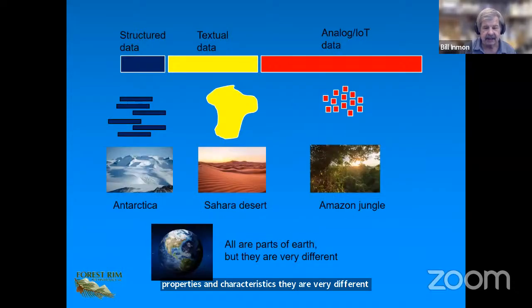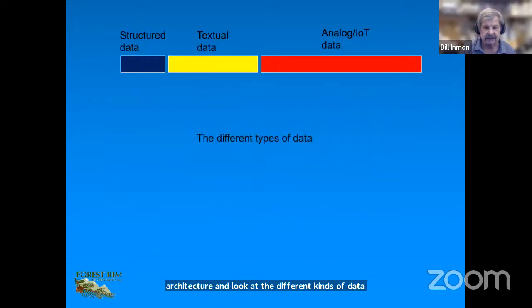It's much like places on Earth. On this global planet that we have, there are Antarctica, the Sahara Desert, and the Amazon jungle. Now, all three of these places are part of Earth, but all three are very, very different. And that's what we find when we take a look at the different kinds of data that we have in data architecture.